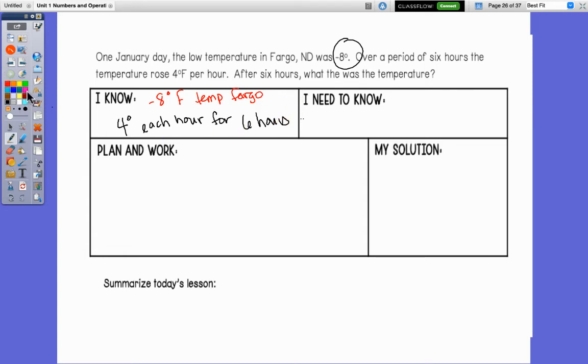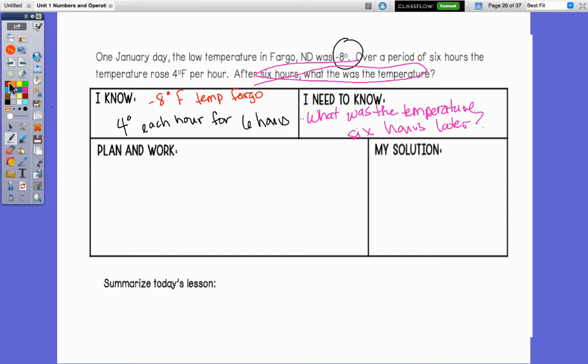What do I need to know? I need to know what the temperature was 6 hours later. Okay, so here's my plan.